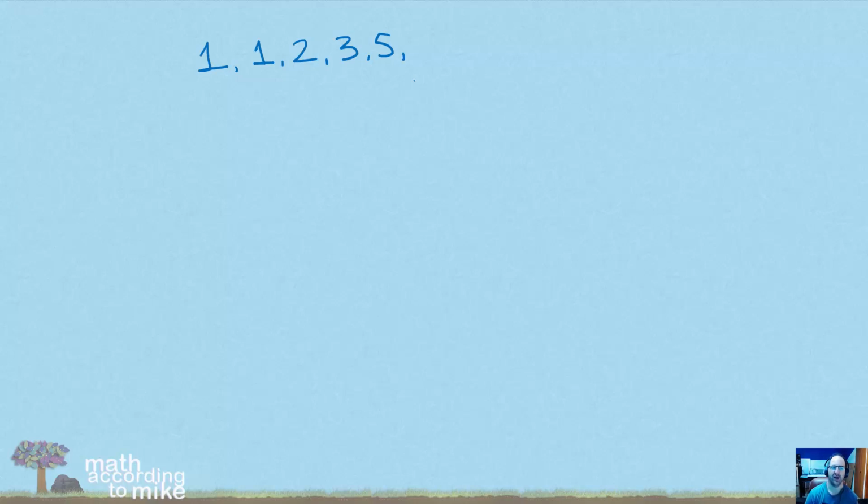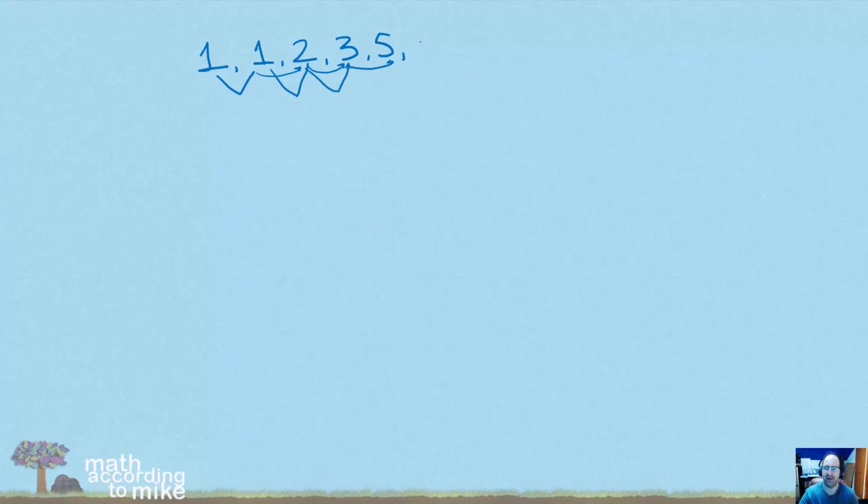So with that, we sort of have to think outside the box and say, okay, what else could generate this sequence? Remember, there are some sequences that don't have a known pattern. This one does still. Notice that 1 plus 1 is 2. 1 plus 2 is 3. 2 plus 3 is 5.